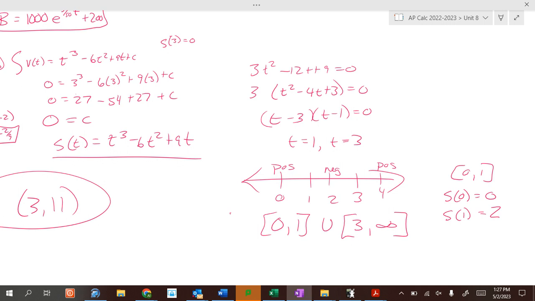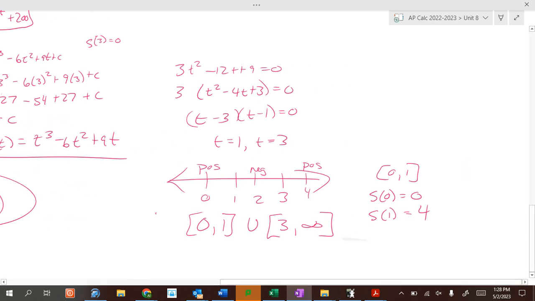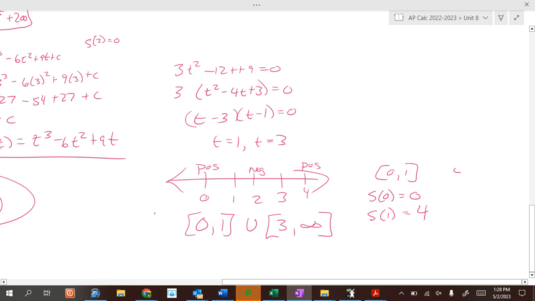They have 4, so where did I go wrong? One minus 6 is negative 5 plus 9 is 4. And then, so the distance traveled between 0 and 1 seconds is 4.